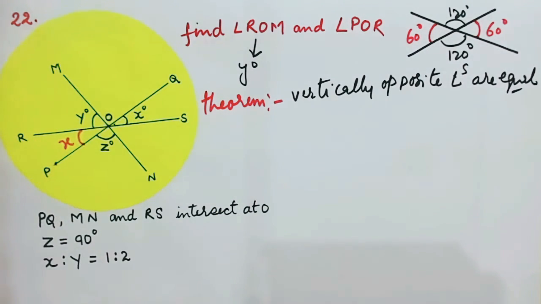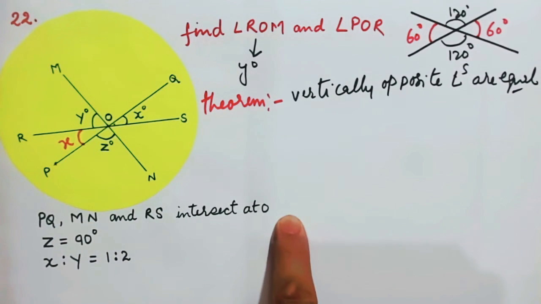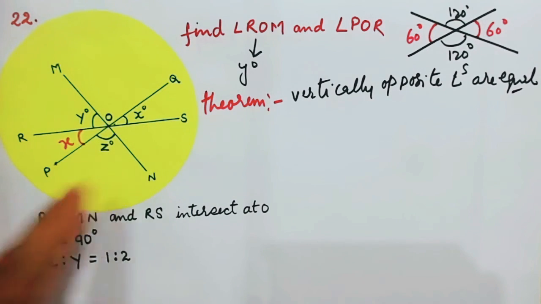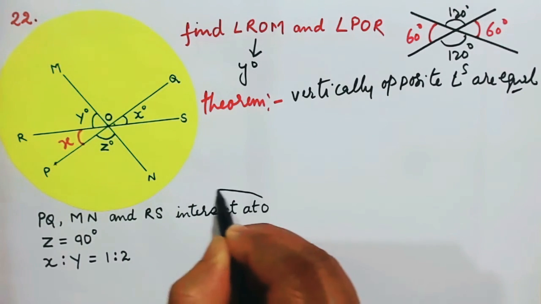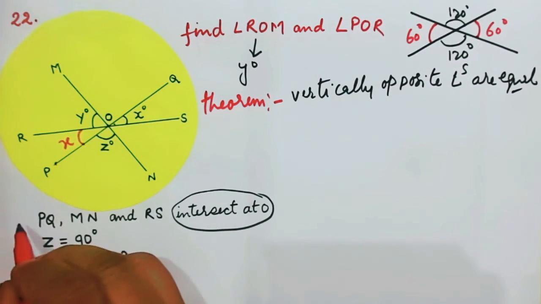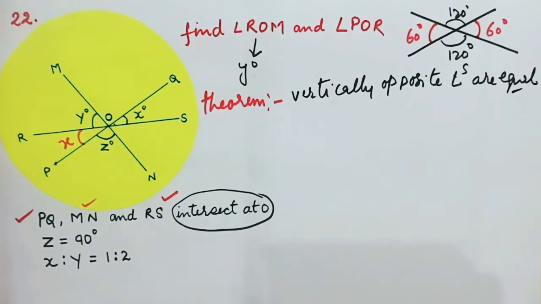Now, let us see one more thing. PQ, MN, RS intersect at O. Since all of them are intersecting at one point, this means PQ, MN and RS are straight lines, because only straight lines can intersect at one point.